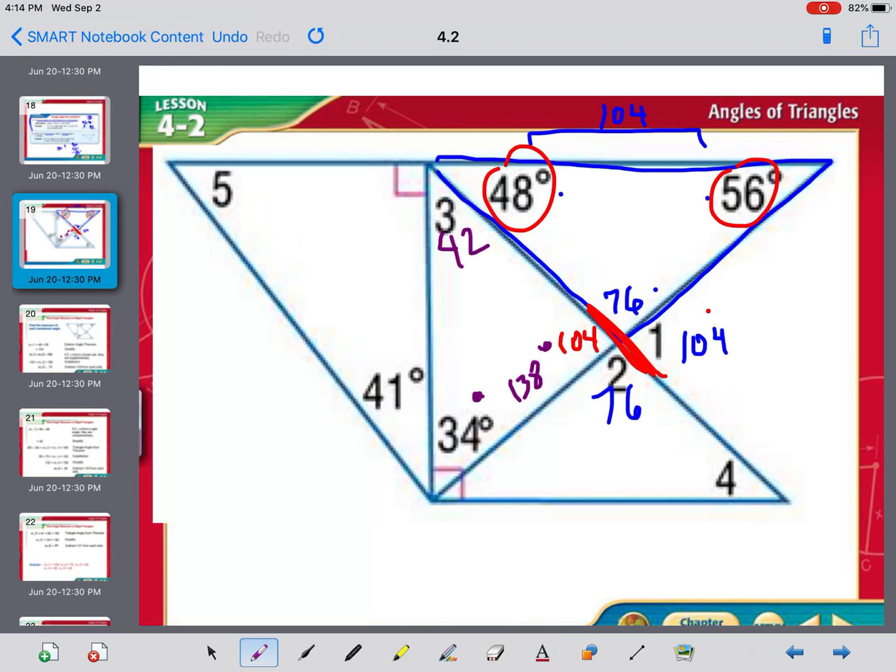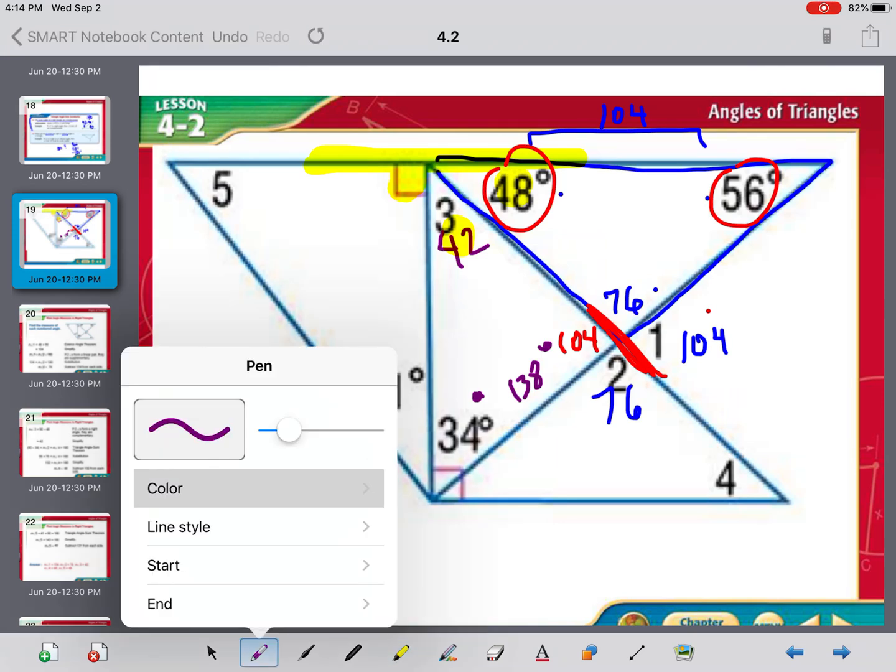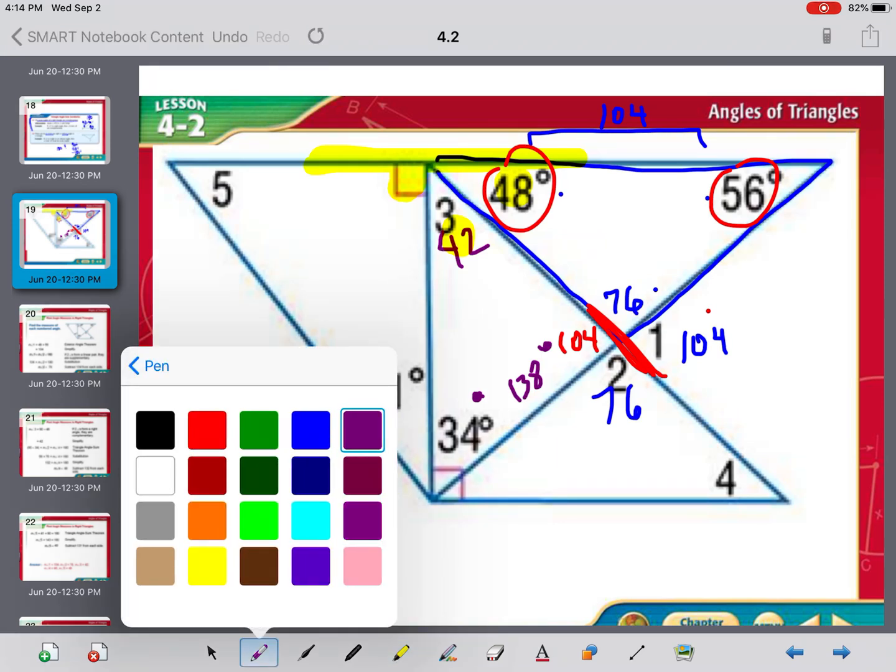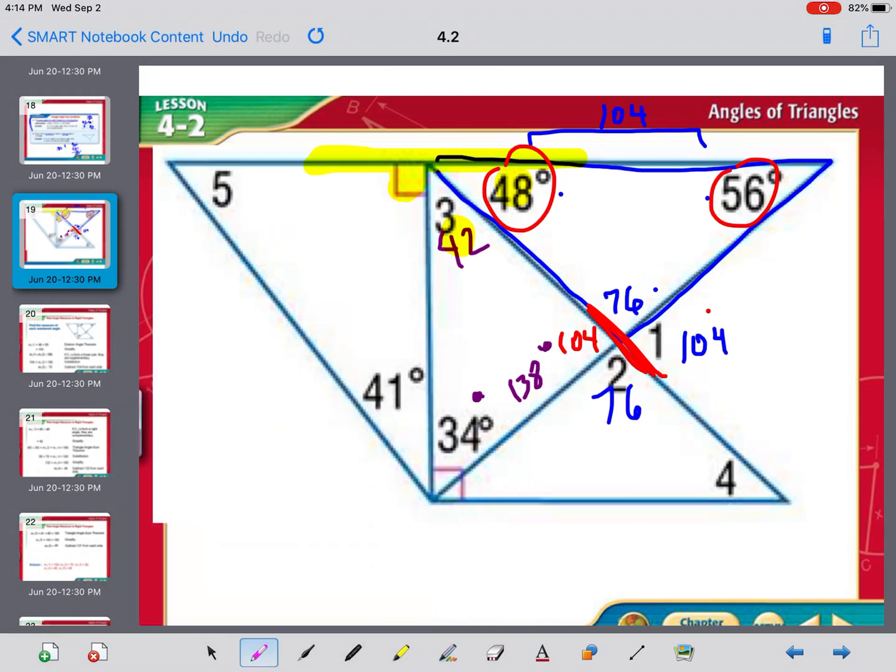Let's carry on. So you might see that this angle here and this angle here have a total of 138. So that means this one up here is 42. Which is nice because this 90 plus this 42 plus this 48 better equal 180, because that's a line right there.